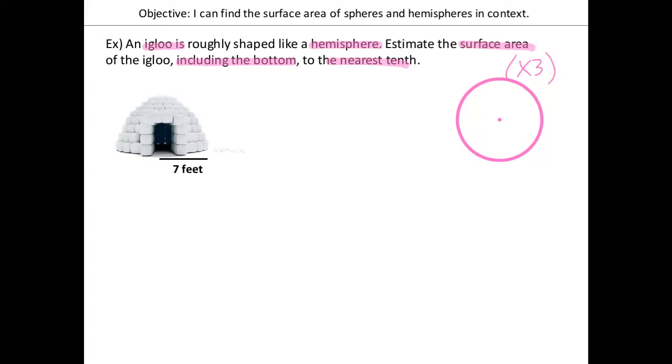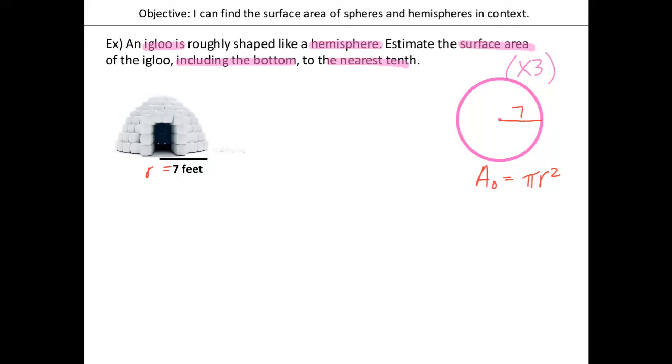And so in this case, notice I have this 7 feet right here, and I have the bolded line. It's going from kind of the center to the edge. So is that the radius or the diameter? The radius. It's only half of the length, so then that means the radius is going to be 7 in my circle. And again, I'm doing it for 3 circles, and the area of a circle is pi r squared.